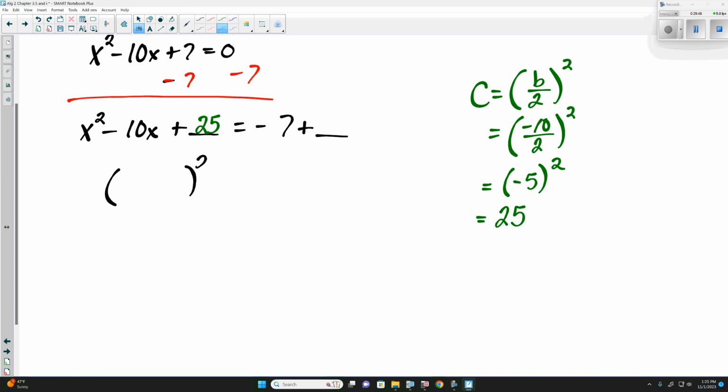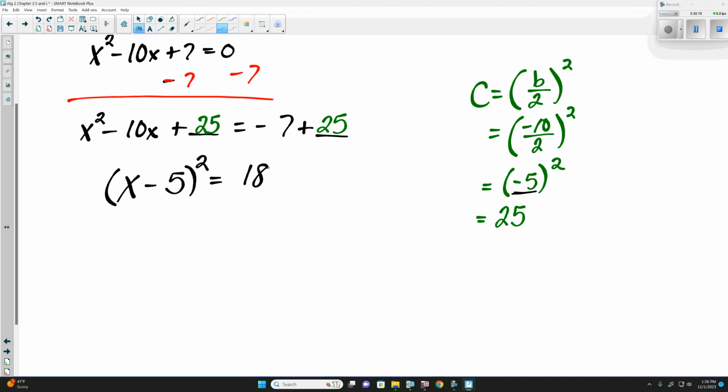And if we rewrote this as a set of parentheses squared, we would have our x, and the number that goes in it would be our minus 5. So we got our x squared minus 10x plus 25, which is our perfect square trinomial, which does factor to x minus 5 squared. But if I add something to one side, I have to add it to the other. That's why we do have the two spaces.